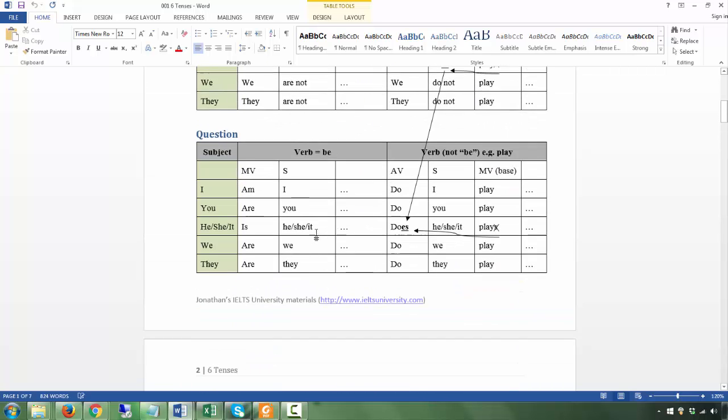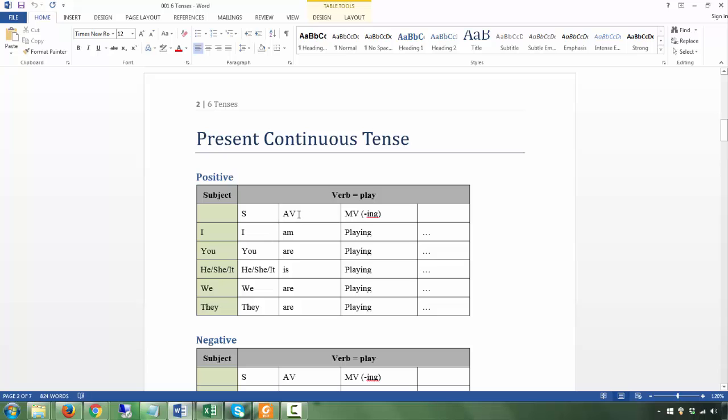The other thing I want you to take note of is AV. AV is called auxiliary verb. Auxiliary means helping. When you go through my top 12 mistakes, you will come across what I write and talk about modal verbs.